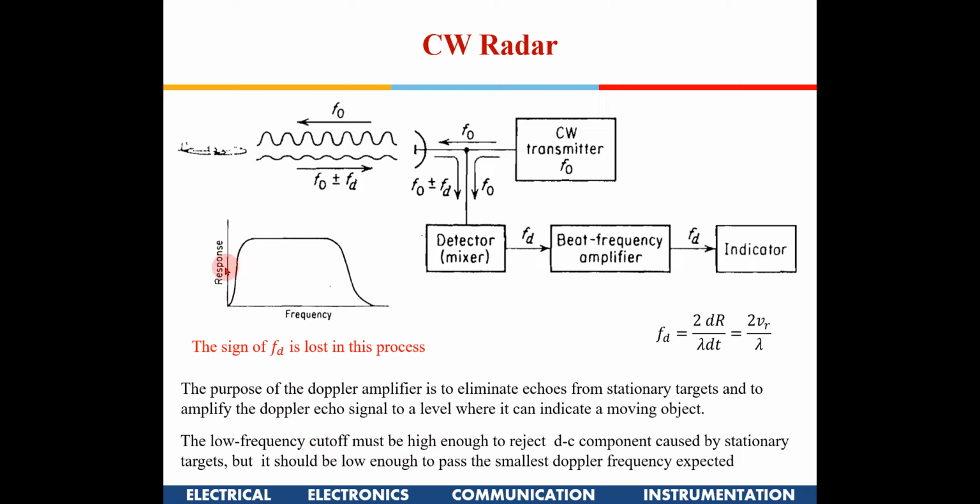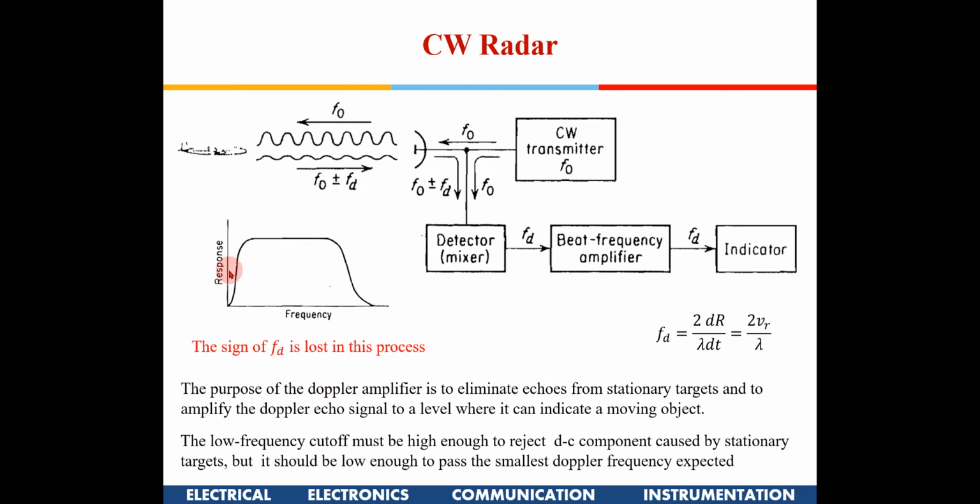Now see, this is a desirable frequency response of the beat amplifier. It should not amplify the DC signals. The signals which are close to DC will be the reflections from the stationary objects, right? Because we are interested only in the velocity.